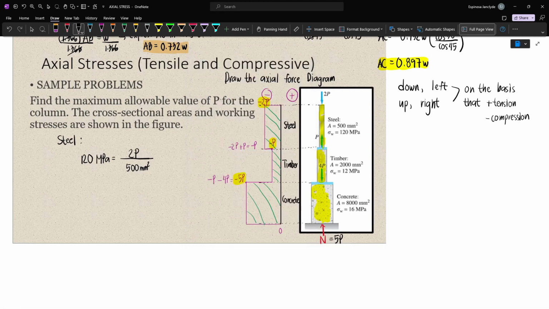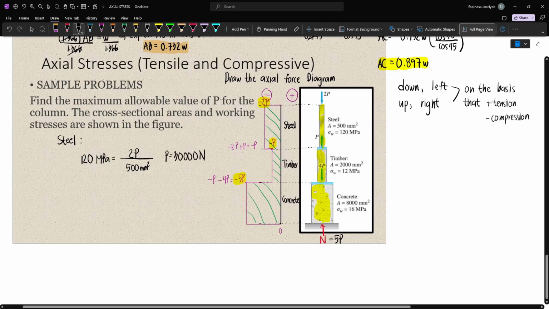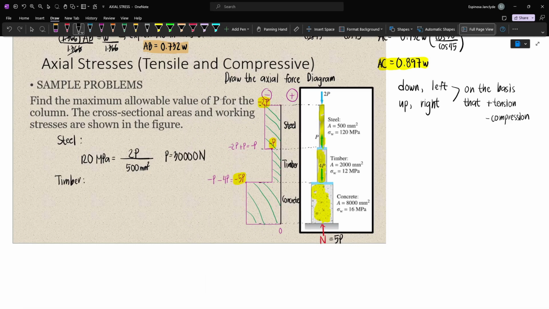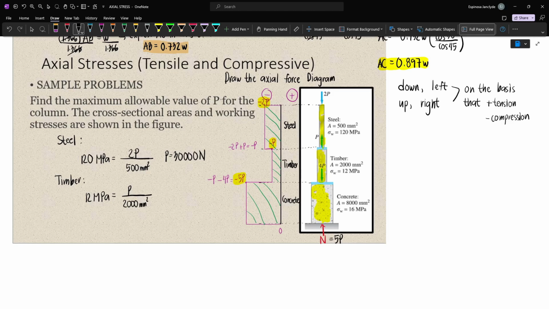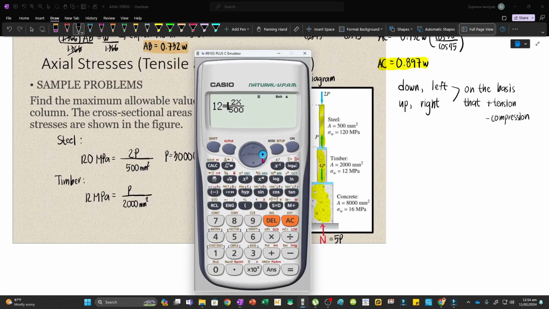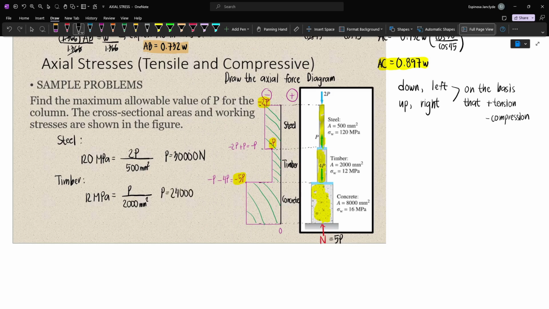And so solving P, we have 30,000 newtons. Now, for timber, our allowable stress is 12 MPa, and then our cross-sectional area is 2000 mm squared. And so 12 MPa is equal to P divided by 2000 mm squared. And so solving P, we have 24,000 newtons.